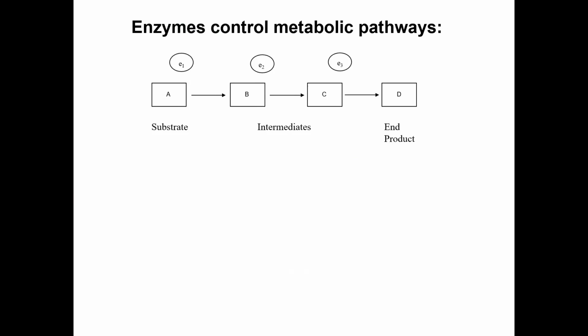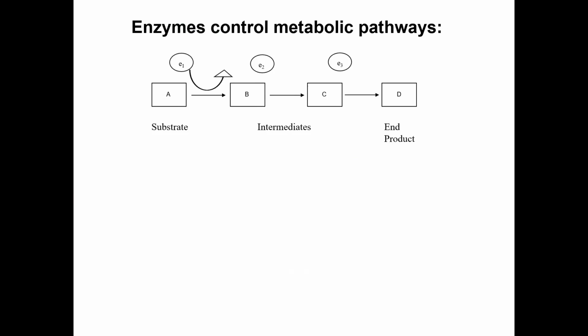So you have a substrate being acted upon by enzyme 1 to form B, and B acted upon by enzyme 2 to form C, C acted upon by enzyme 3 to form D, which is the end product, and B and C are the intermediates, or the metabolites that are formed during the reaction in the pathway.